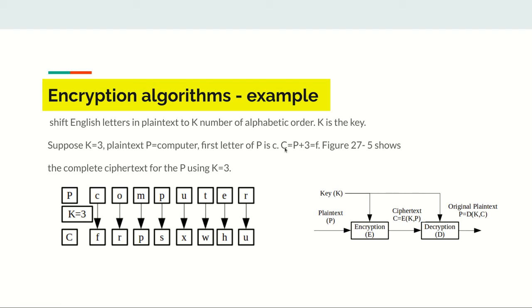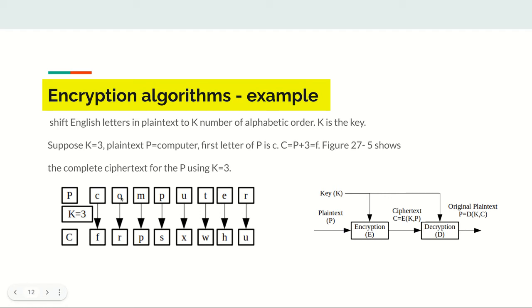Then the cipher text is P plus 3. P is the original text, and we add 3, that means 3 English letters in the alphabet. We shift the plain text letters by 3. For C, D, E, F: we use F in the cipher.